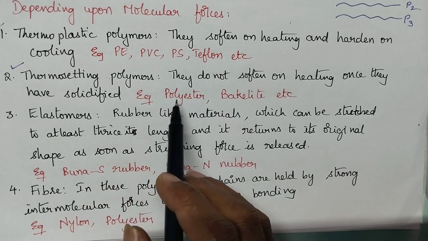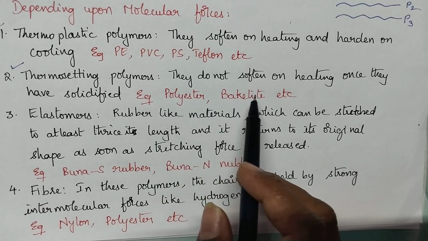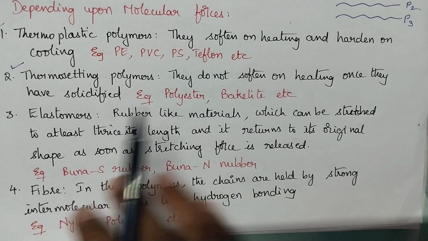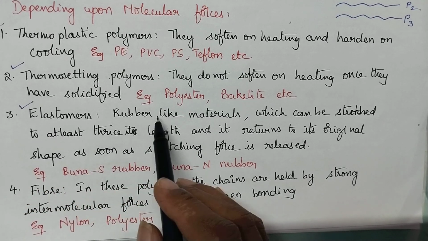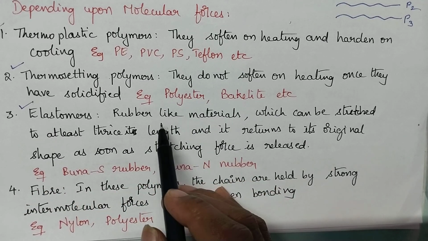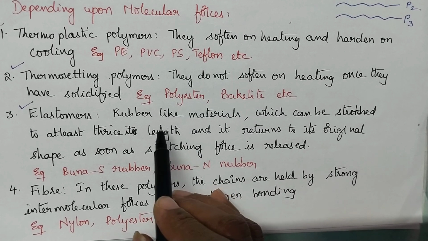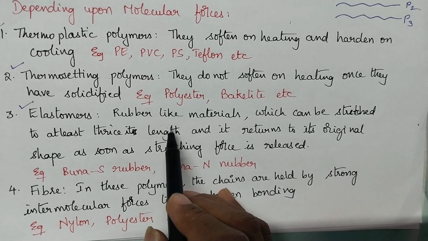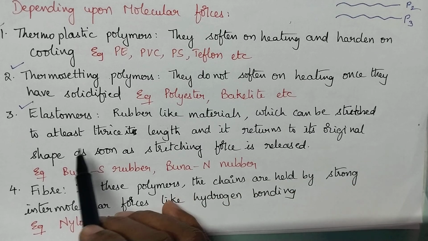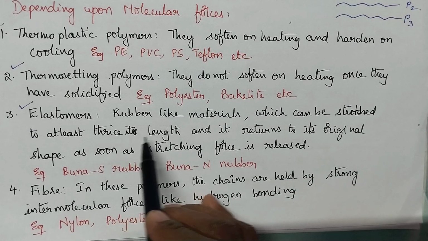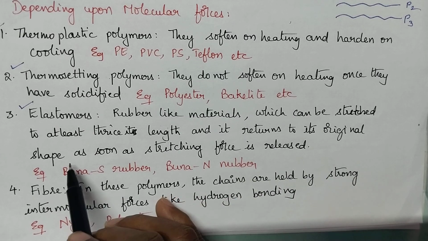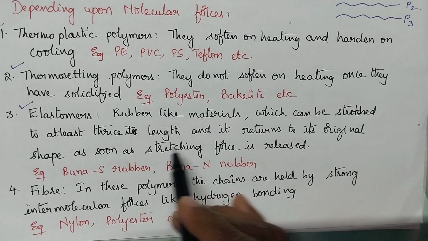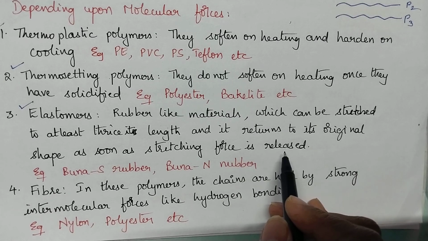They include polyester, bakelite, etc. as good examples. Coming to the elastomers, elastomers are rubber-like materials. That means they exhibit elasticity. Elasticity means they can be stretched at least thrice their length and will return to the original shape as soon as the stretching force is released.